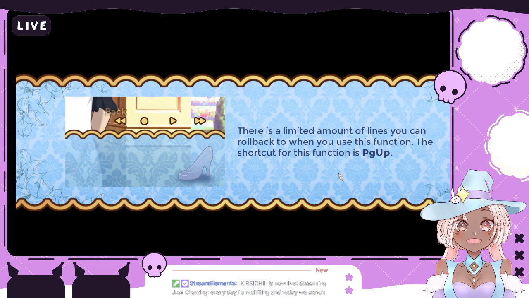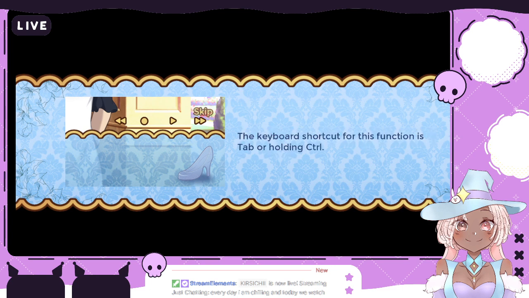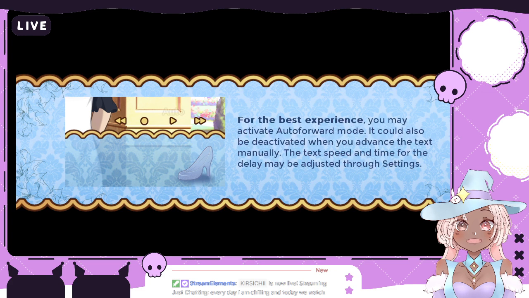The shortcut for this function is page up. For the lines you have already seen, you can click the skip button to toggle the activation of skip mode. The keyboard shortcut for this function is tab or holding control. For the best experience, you may activate auto forward mode. It can also be deactivated when you advance the text manually. The text speed and time for the delay may be adjusted through settings.